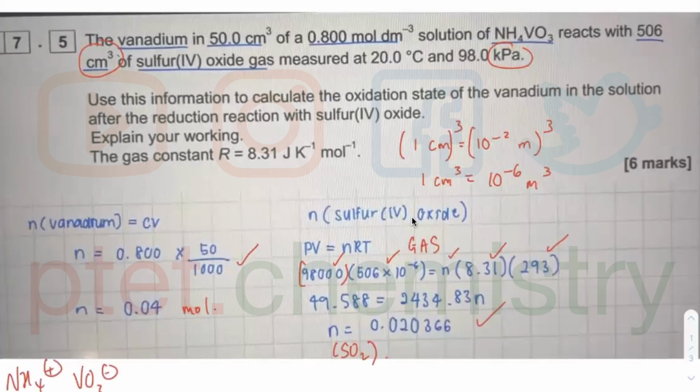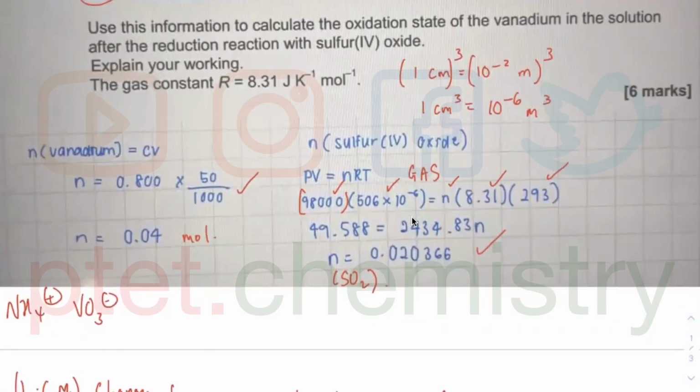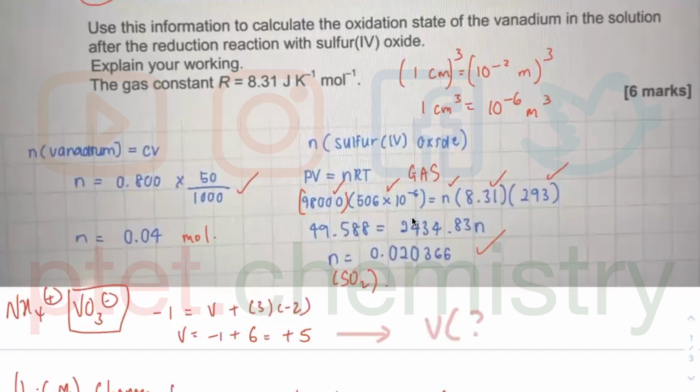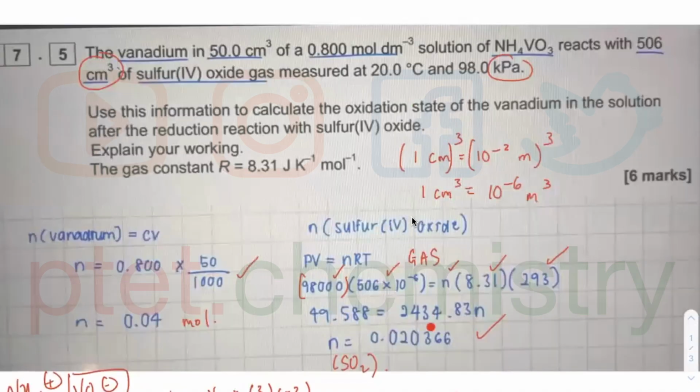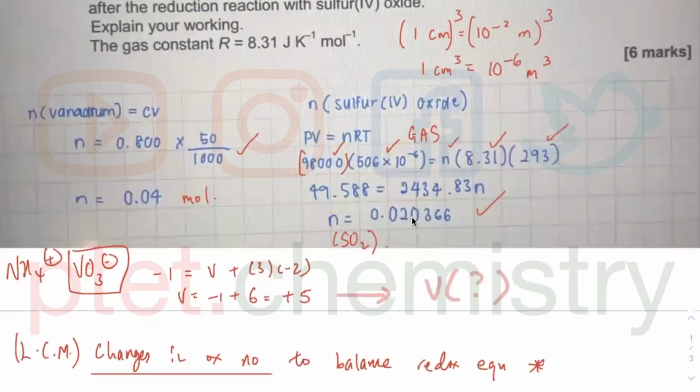If you look at VO3 minus, minus 1 equals vanadium plus 3 times minus 2. Stop me if I'm going too fast, yeah? But you should be able to do all of this. Your question now is, what does the vanadium 5 plus go to? You don't know. It will be lower because we use SO2 as a reducing agent.